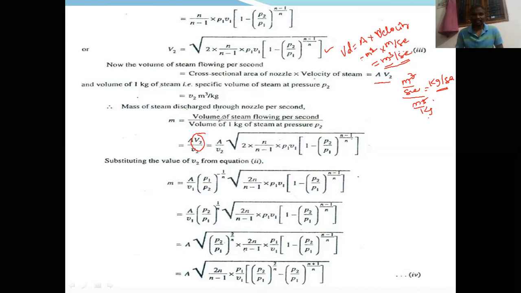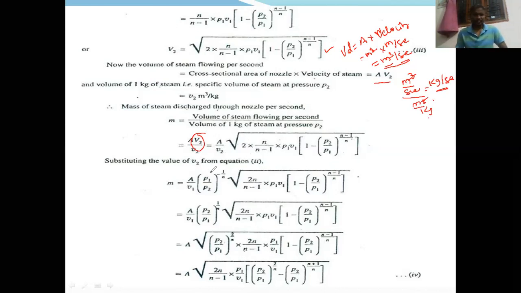Instead of V2 we are writing the value of V2 that we got from the above derivation. So finally mass discharge in kgs per second is equal to A by specific volume v2 at pressure 2 into root of 2 into n by n minus 1 into p1 v1 into 1 minus p2 by p1 to the power of n minus 1 by n. This is the mass discharge.